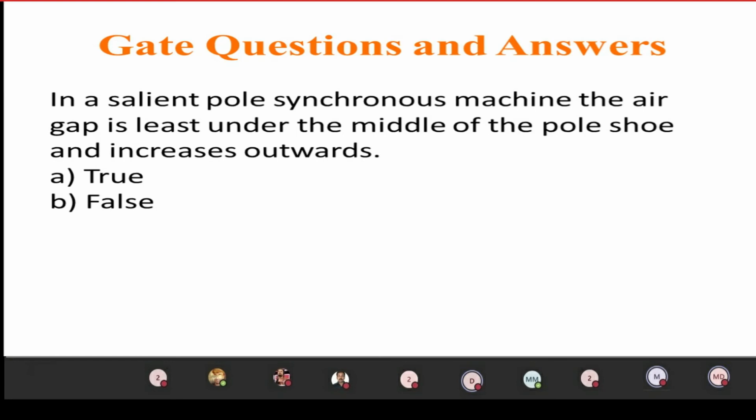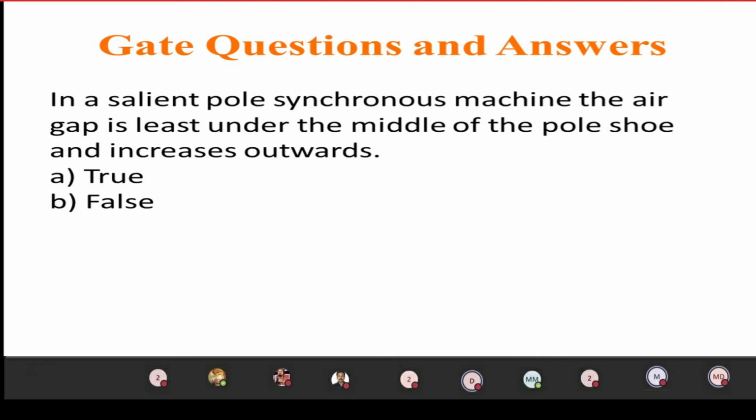In a salient pole machine, we know the air gap is non-uniform, and the question implies that the air gap is least under the middle of the pole shoe.